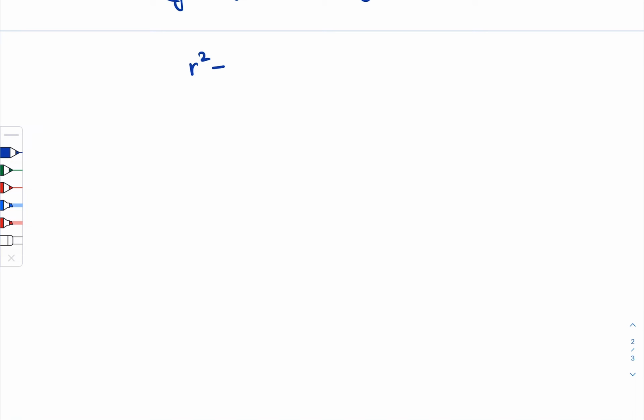So let's say given r squared minus r minus 56. Pause the video, try it yourself, and then come back and watch the solution. All right, so the first thing I'm going to do is multiply the 1 times the 56, which gives me 56.